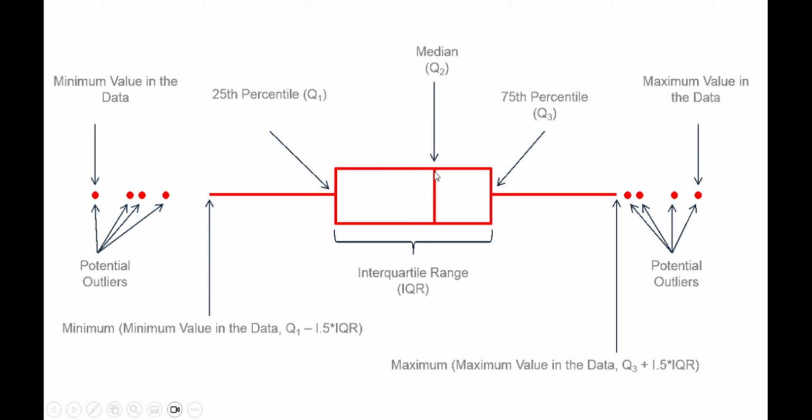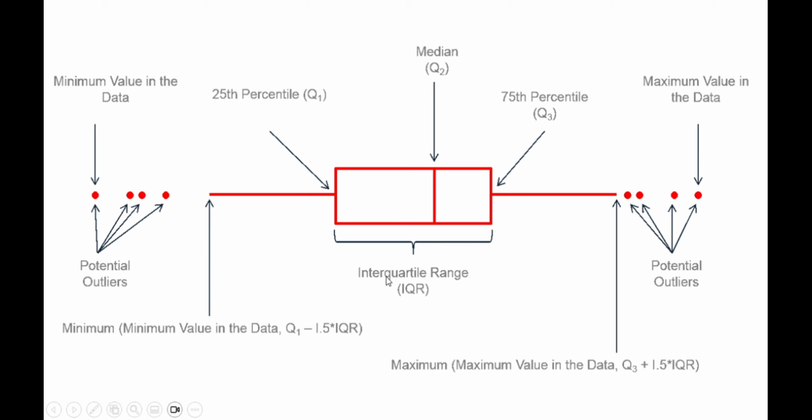The vertical line inside the box is the median, which is the middle value of the dataset. Similarly, the interquartile range, IQR, is the middle 50% of the data. You can see the lower bound, the 25th percentile, and similarly the upper bound, the 75th percentile, on the right side.